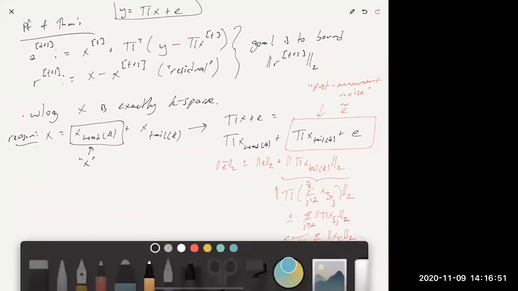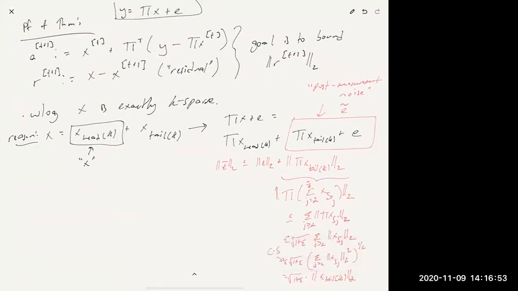Sorry, I have a question. When you apply Cauchy-Schwarz, why don't you pick up a factor of like square root of d over k? Let's see. Oh wait, that's a good point.